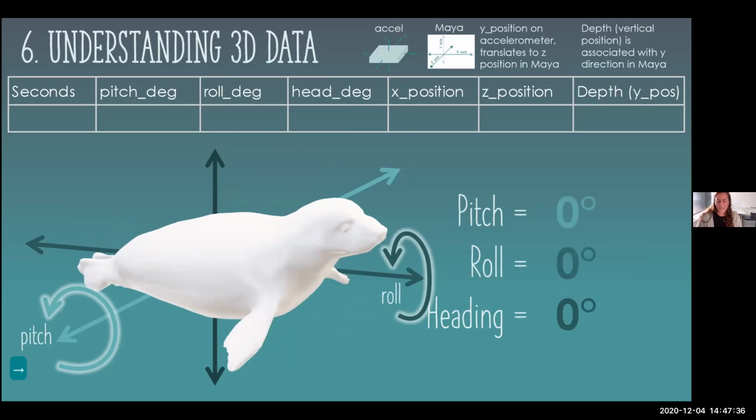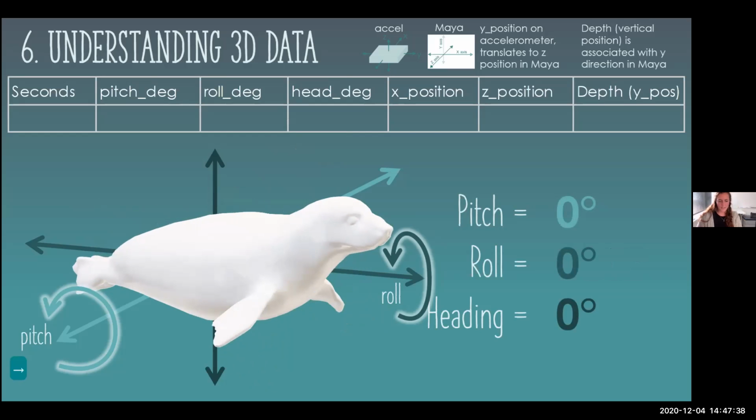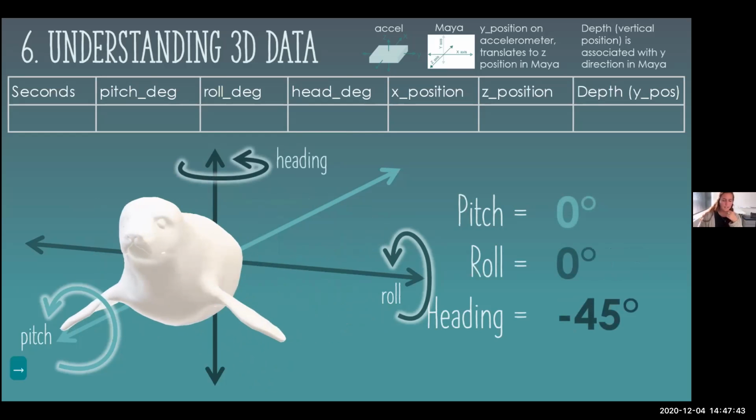And then heading is when they change position around that vertical axis, either Y or Z, whatever your axis conventions are. So this is actually a turn of negative 45 degrees. I had to think a little bit about the right hand rule yesterday, but basically your positive axis direction is defined by the right hand rule.